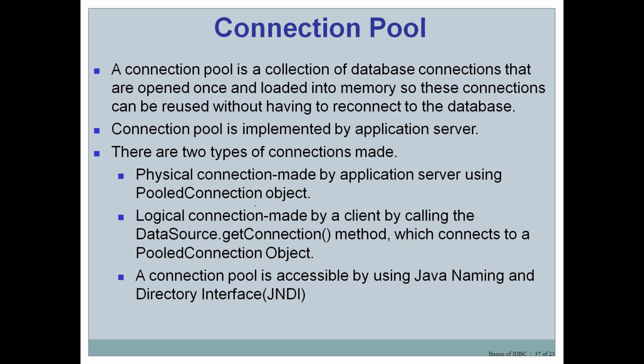Whoever wants to access the database can request a connection from the connection pool instead of directly connecting with the backend database. They connect to the database indirectly through the connection pool, and once they do their work, they can close the connection. So a connection pool is a collection of database connections that are opened once and loaded into memory.